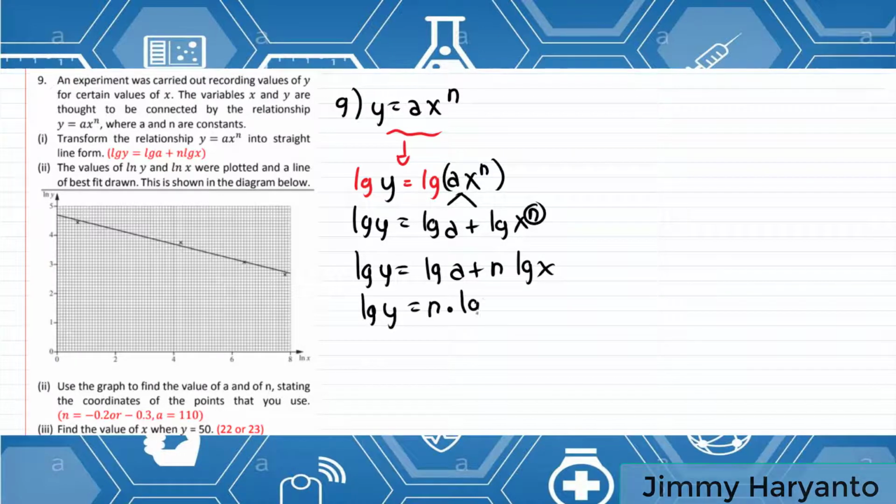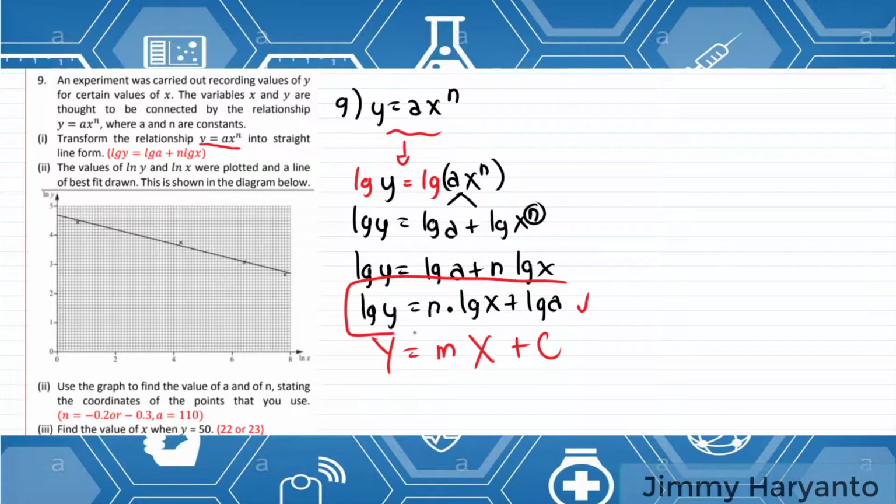Rearrange them: n times lg x plus lg a. Therefore we have a form similar to y = mx + c. This transforms the relationship y equals a x to the power of n into a straight line form. That is the answer for part one.